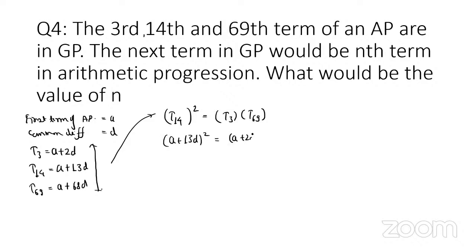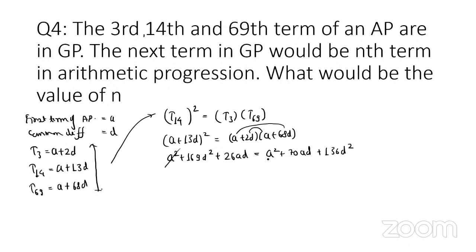T3 is a plus 2d, and the 69th term is a plus 68d. Now, if we simplify this, we get a squared plus 169d squared plus 26ad on the left side. And the right side, it's a squared plus 2ad plus 68ad, that means 70ad, plus 136d squared.